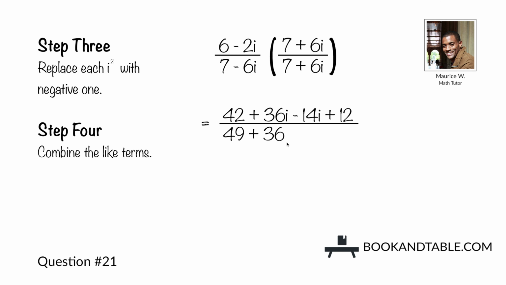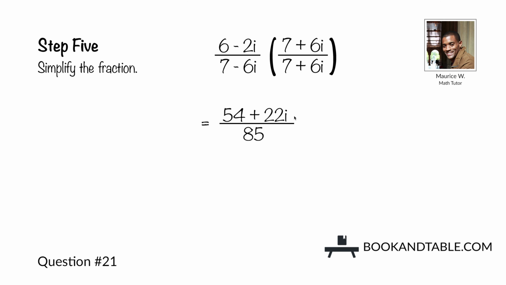And now we can combine the like terms in the numerator and denominator. 42 plus 12 is 54. And 36i minus 14i would be 22i. And in the denominator, 49 plus 36 would be equal to 85. So that gives us 54 plus 22i over 85.